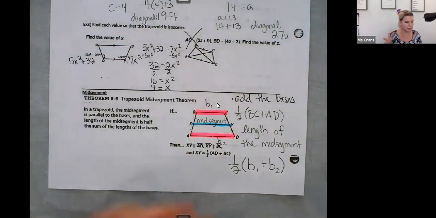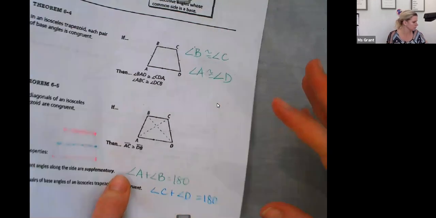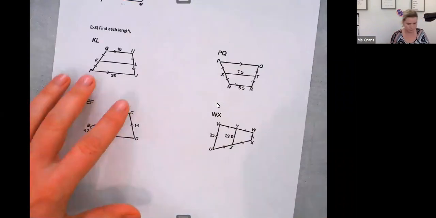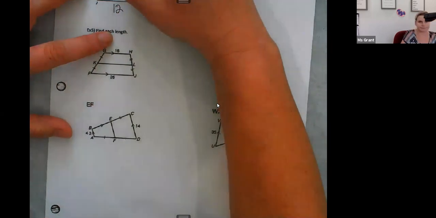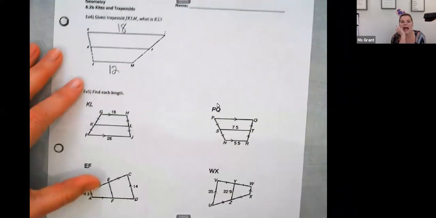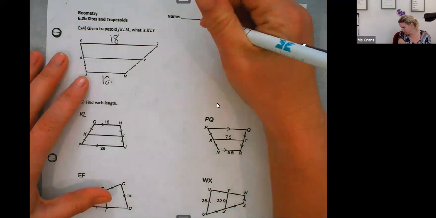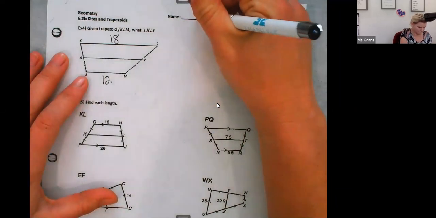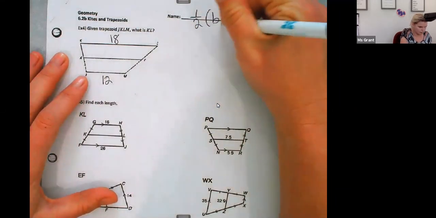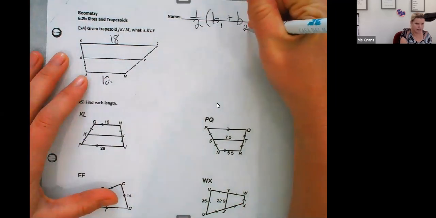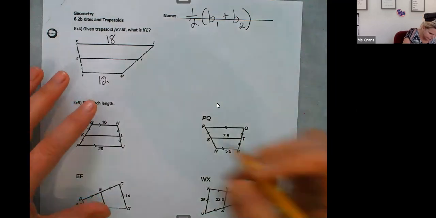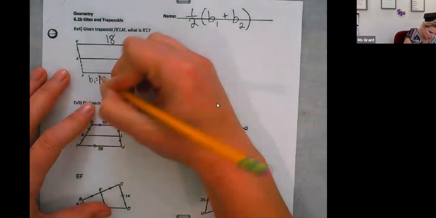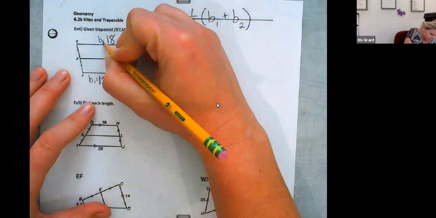All right, so I'm going to turn this paper over. Sorry, page 3. We're going to do, this is 12 and this is 18. Half, ready? Half of base 1 plus base 2. Base 1, I always make it the shorter of the trapezoids.